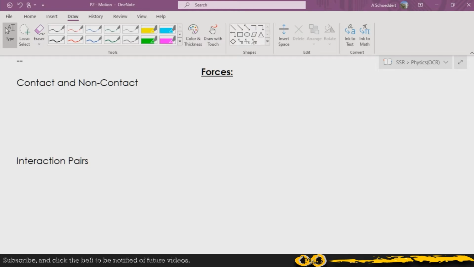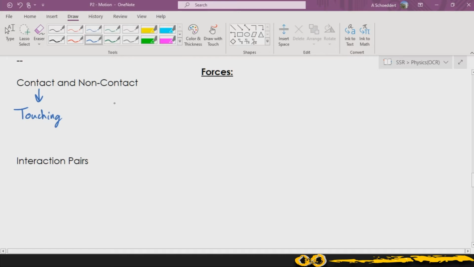And now for something related, but also completely different, the concept of forces. Very briefly, there are two types of forces. Contact force, which means there is touching between the objects, so not great in this era of social distancing, and non-contact, meaning there is no touching, or there's nothing between the objects.